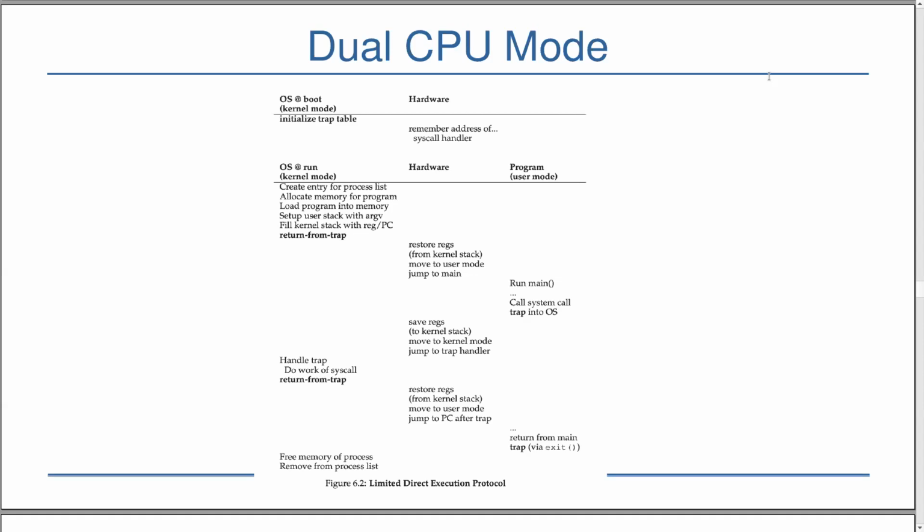So what's so special about this trap handler? Because it's also fundamentally a function, right? So what is so special about the trap handler? Any guesses? So what mode does the trap handler execute in? It executes in kernel mode, right?